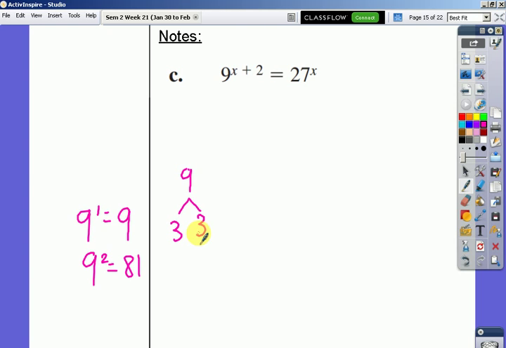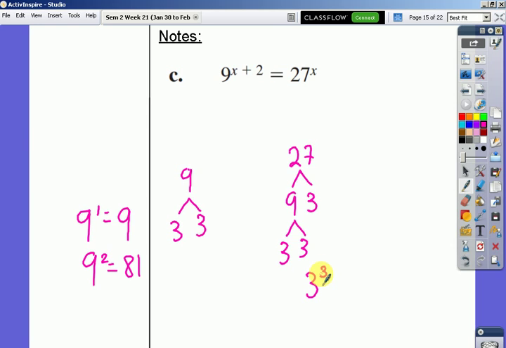Does that make sense? Not 3 squared, well, 3 cubed, right? Because 27 is what? Just think of, you have 9 and 3, right? And that breaks down to 3 and 3. You have 1, 2, 3 threes, right? So that's 3 cubed. Does that make sense? So just think of something divisible by 27 and continue breaking it down. And again, we're dealing with a product of primes. 3's are prime, right?